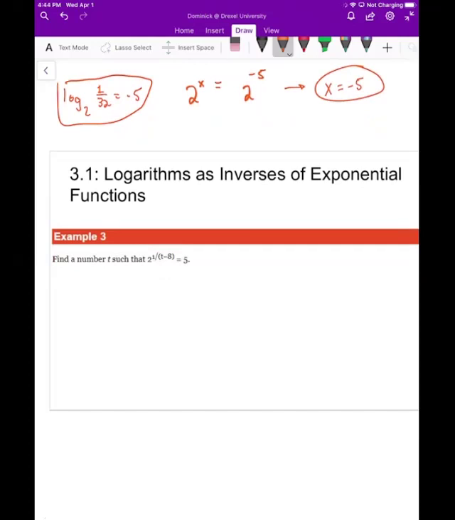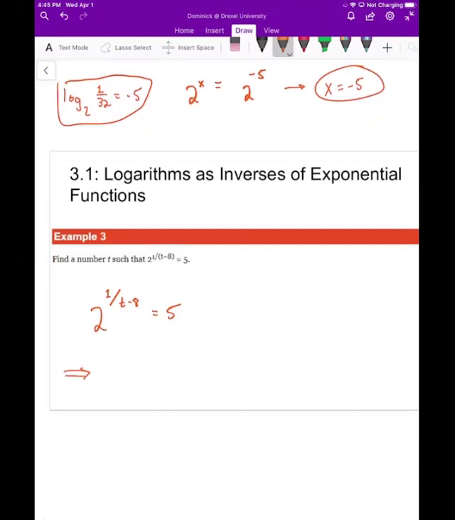Okay, now of course, here's the other situation. Here we want to find a number t such that if I do 2 to the 1 over t minus 8 equals 5, what value of t makes that happen? Well, now here we can convert this to a log, right?